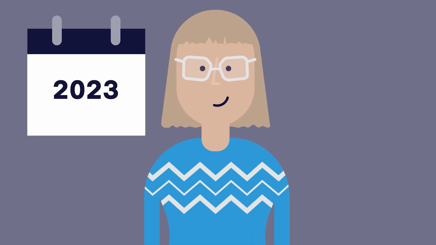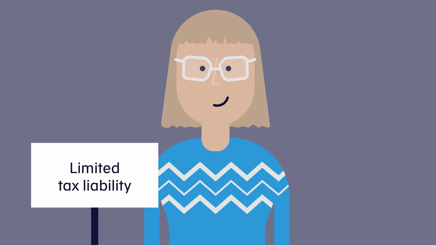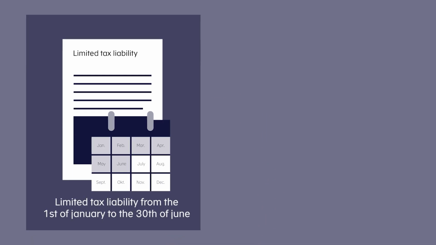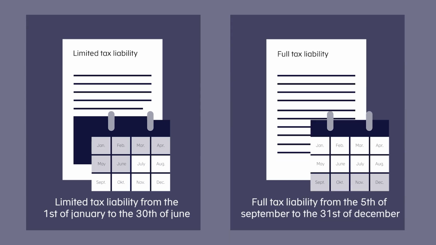In 2023, you had limited tax liability in Denmark from the 1st of January to the 30th of June. In 2023, you had full tax liability in Denmark from the 5th of September to the 31st of December.